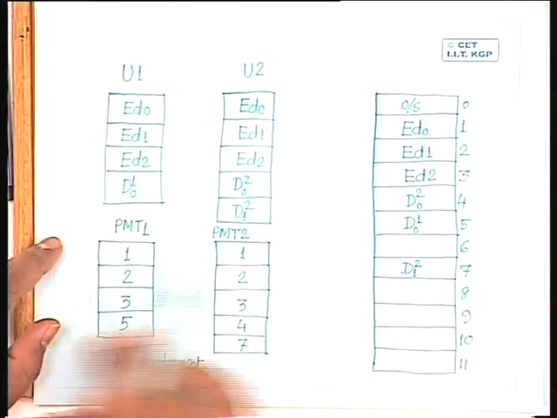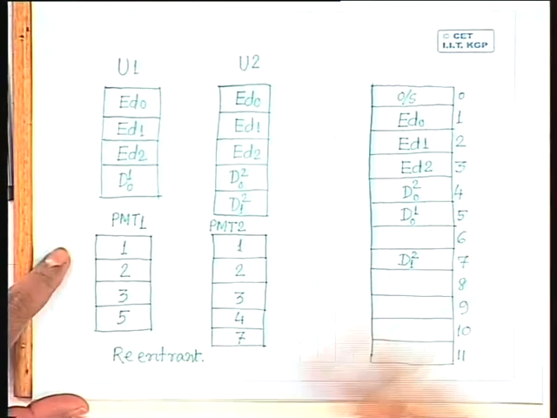Okay. However, if that is ensured, then sharing of code is also possible in this segmented memory management technique. But in the other case also you have the same number. Yeah, but here, see what we have in this case.